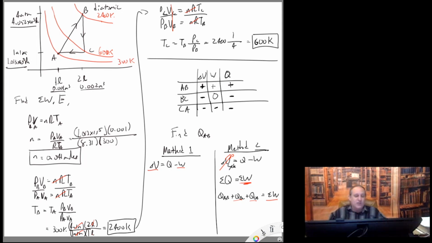Those both work just as well. Okay, so it doesn't really matter. They both really involve us finding two pieces of information that we do not need. In the first case, we find delta U and W for that process, AB. Or in the second case, we find QBC and QCA. Again, net work, we have to find it anyway. So let's do method 1.